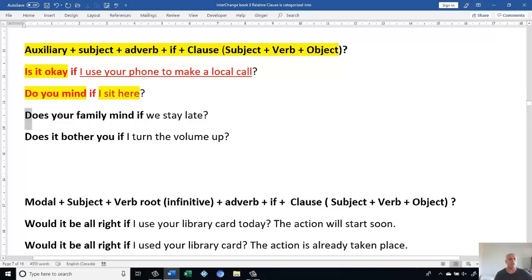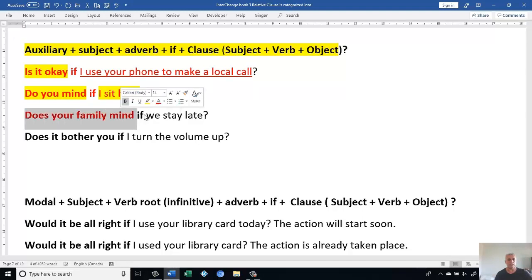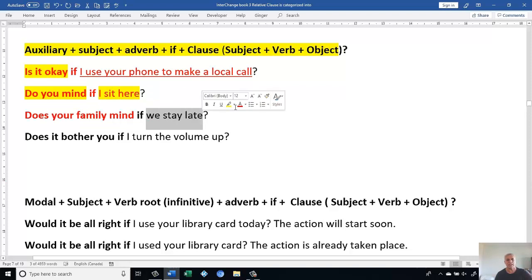Let's continue. Let's go to the second one. Does your family mind? See, that's the first sentence. If we stay late, then we have two sentences, two clauses connected by if. That we call if clauses, because here we have the auxiliary, then the subject, then the verb, which is the root of the verb, and sometimes you call it infinitive, sometimes the basic form of the verb.